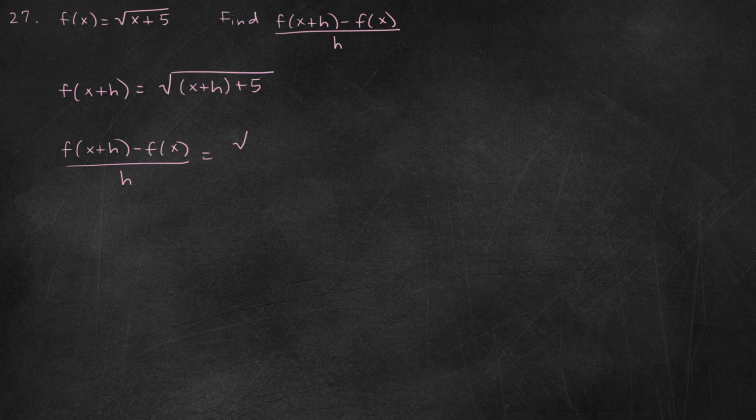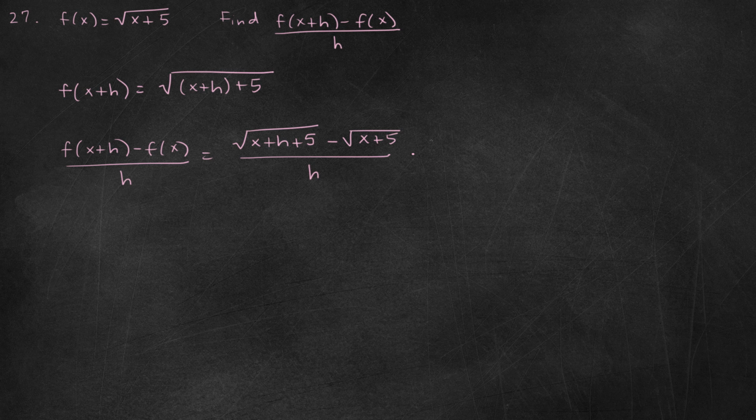That's going to be the square root of x plus h plus 5. I can drop the parentheses since I'm not distributing anything. Minus f of x, so square root of x plus 5 over h. Now to simplify this, we're going to multiply top and bottom by the conjugate of the numerator.